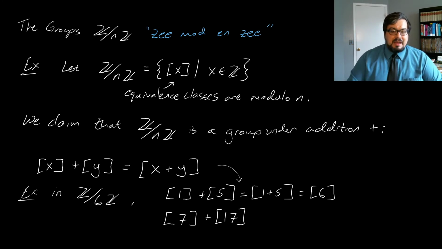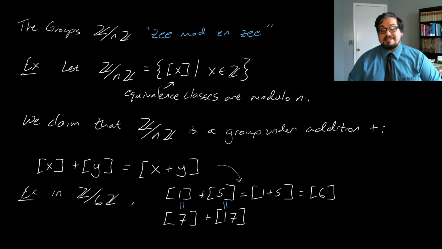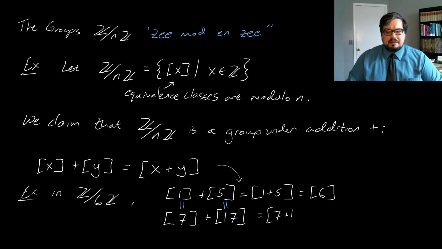Now, notice that the equivalence class of 1 is the same as the equivalence class of 7, and we know this because 1 is congruent to 7 modulo 6. Similarly, 5 is congruent to 17 modulo 6, and therefore the equivalence class of 5 is the equivalence class of 17. And under this definition of addition, the sum of the equivalence class of 7 and the equivalence class of 17 should be the equivalence class of 24.